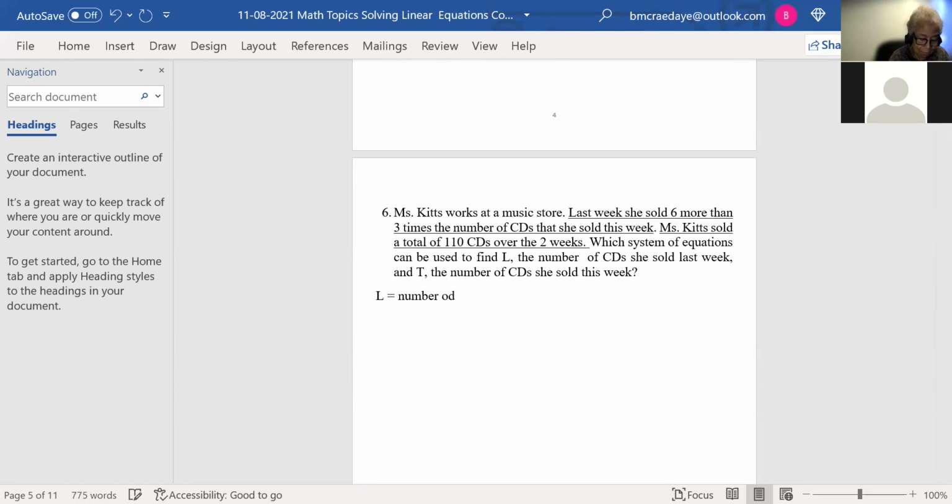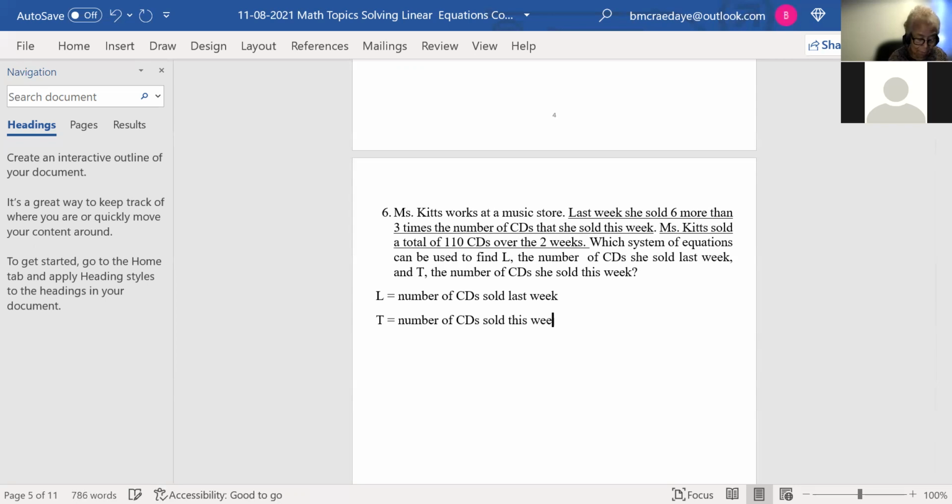What's the variable for the number of CDs sold this week? 6 more than? No, T. We're doing just the variables now. T equals the number of CDs sold this week. That's right.